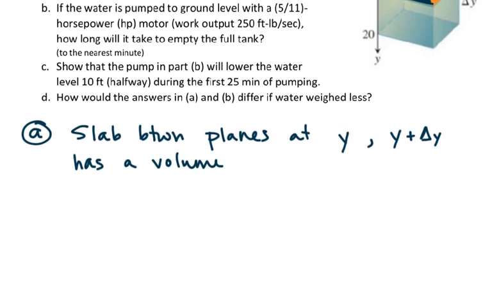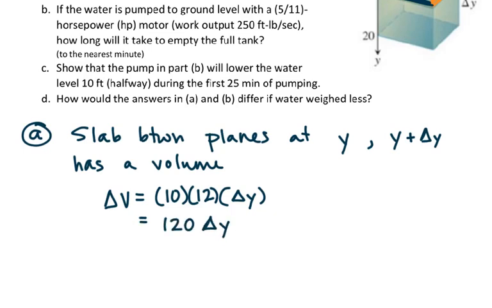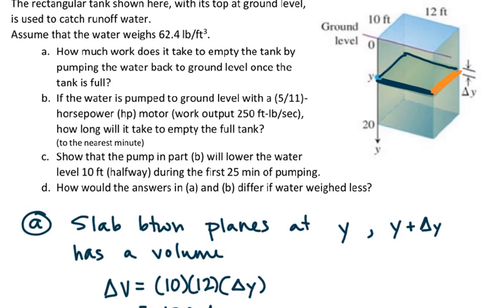And it's a rectangular prism, so it's length times width times height. So delta V equals 10 times 12 times that vertical change, delta y, or rather 120 delta y. The 10 and the 12 just came from the length and the width of the tank, and then that height is delta y, the change in there.